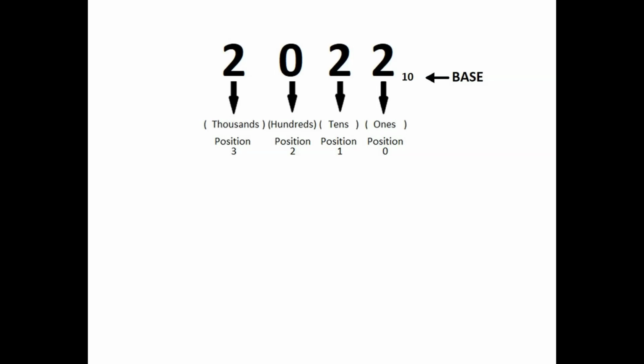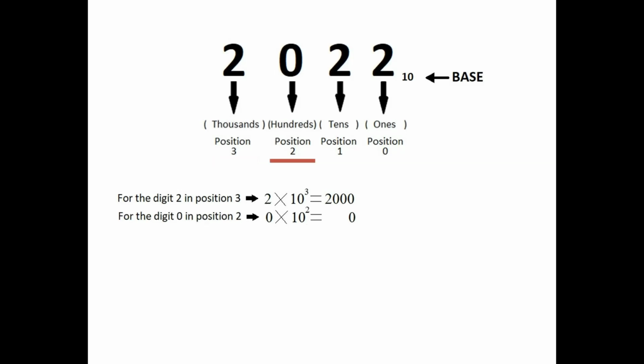Knowing that, the value of each of the digits in 2022 is, for position 3, 2 times 10 to the power of 3 is 2,000. For position 2, 0 times 10 to the power of 2 is 0.